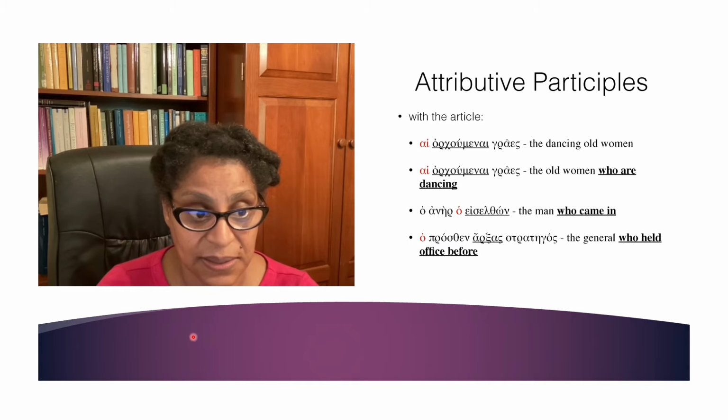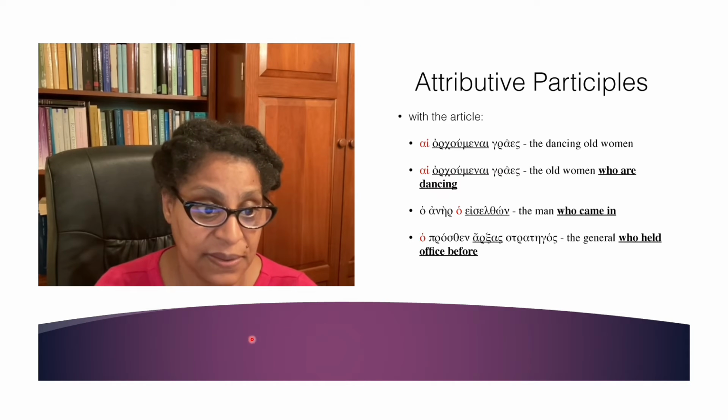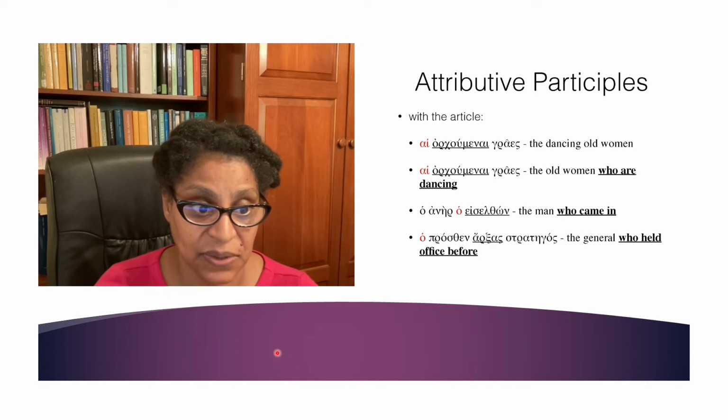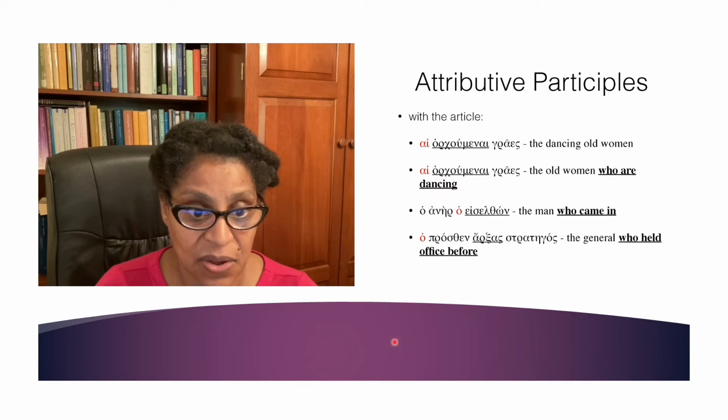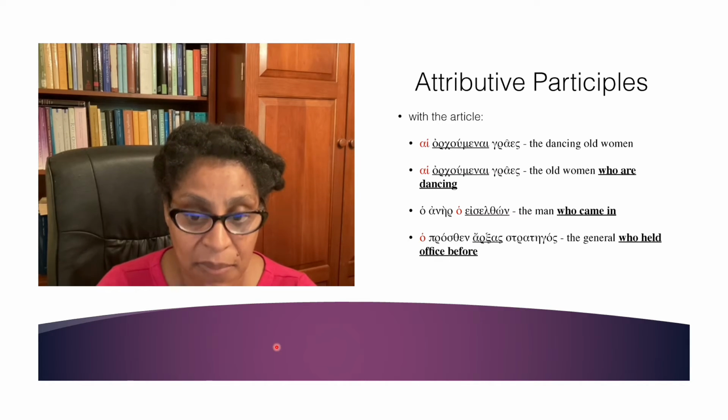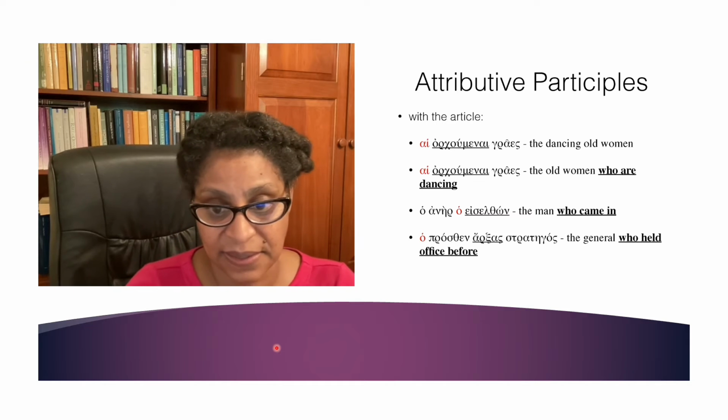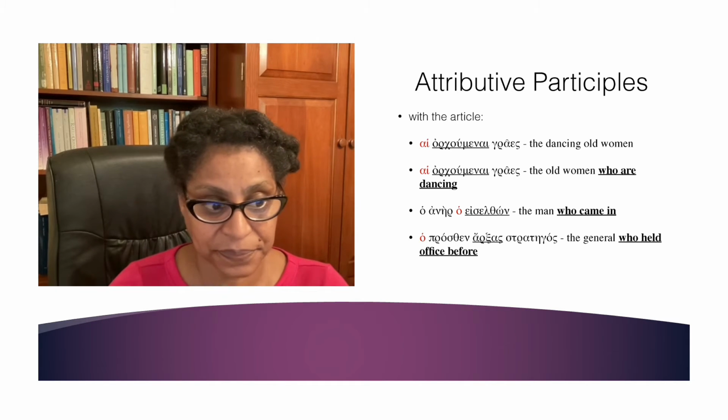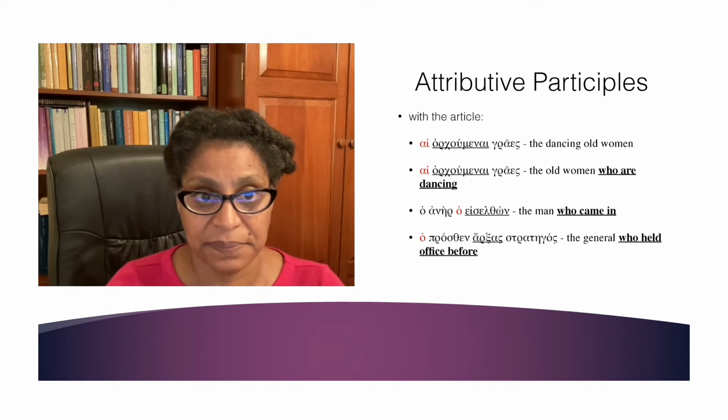So it's in a sandwich situation with the participle. Ho prosten arxas ho strategos, the general who had held office, and then the prosten modifies arxas as the time before. Okay.